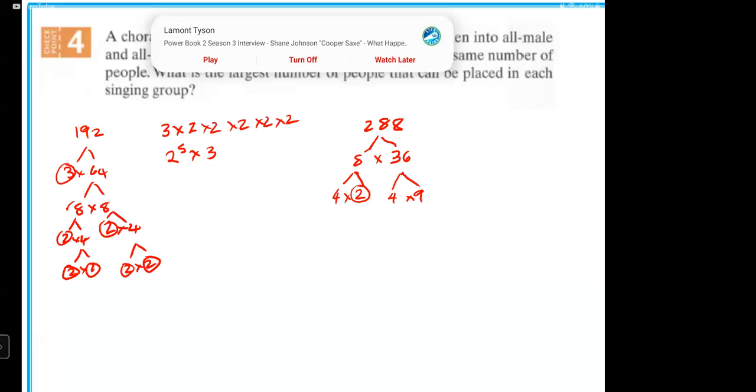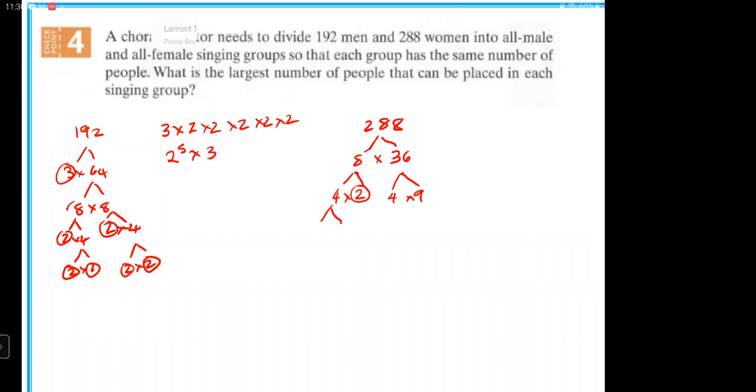So this 4 could be broken down to 2 times 2. Good. And the 4 here would be 2 times 2 again. And the 9 would be 3 times 3.